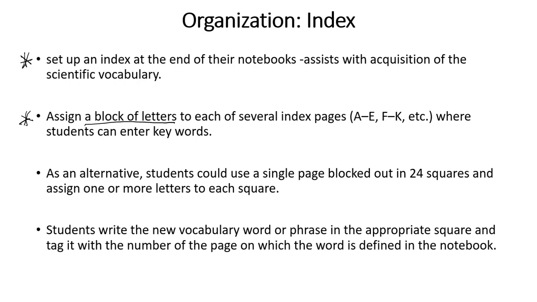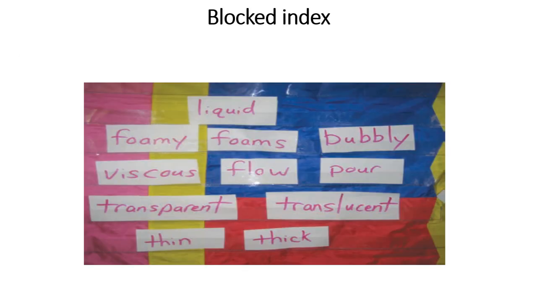So an example is like shown here. This is a blocked index. You can see here we are looking at the term liquid.